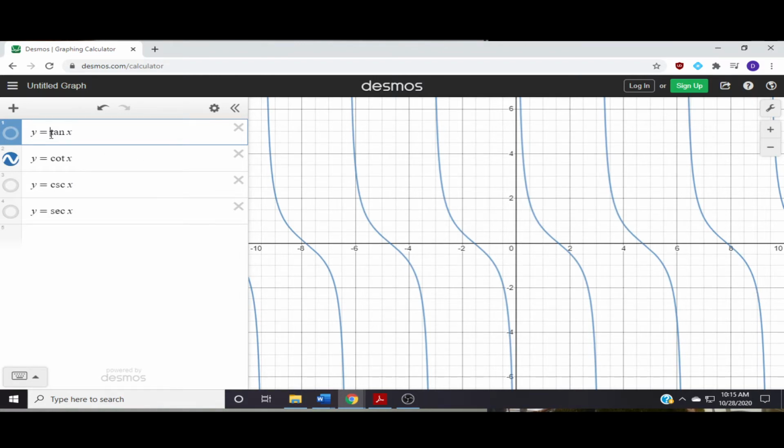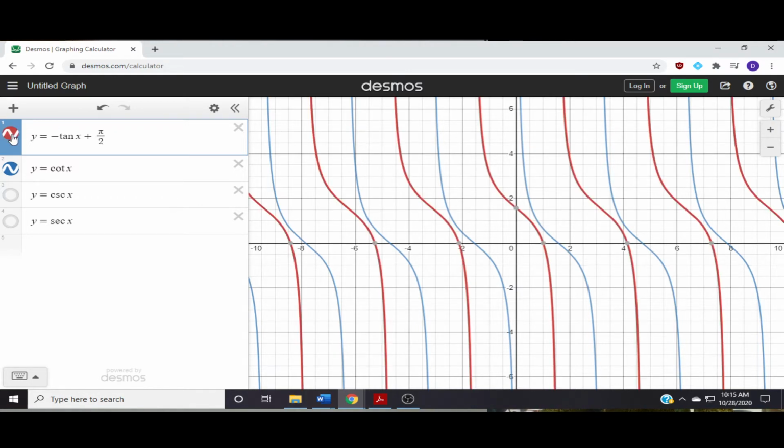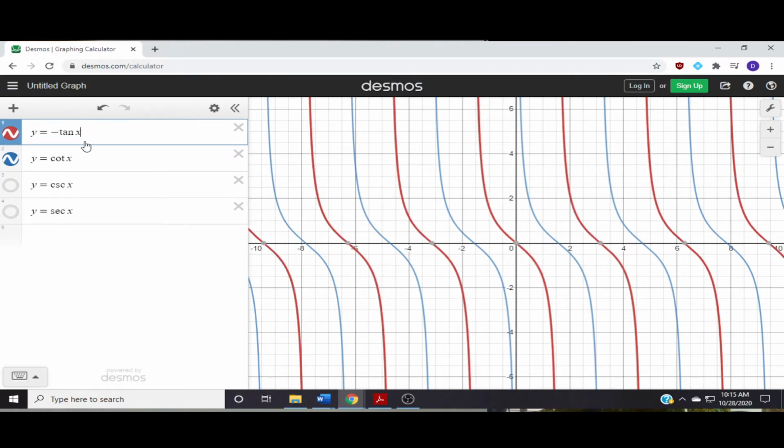Now, if I wanted to show you, if I did this, plus pi over 2. Let's see if I'm correct. Oh, sorry, not plus, it has to be the x. I want to test this out.